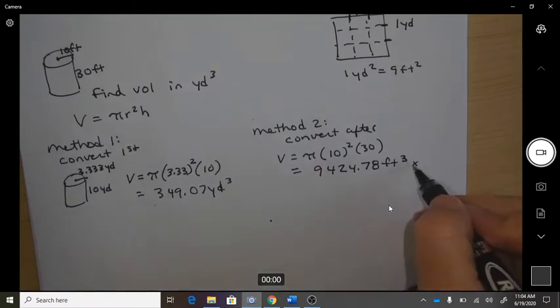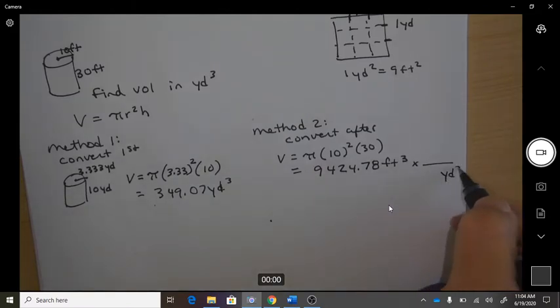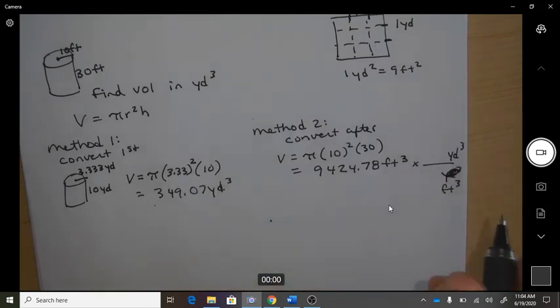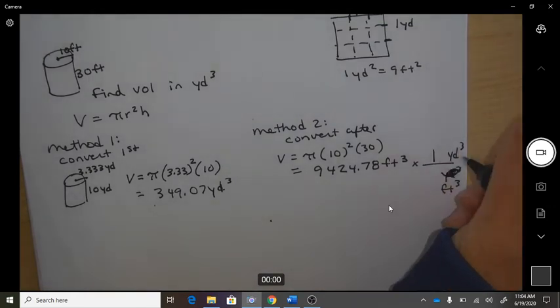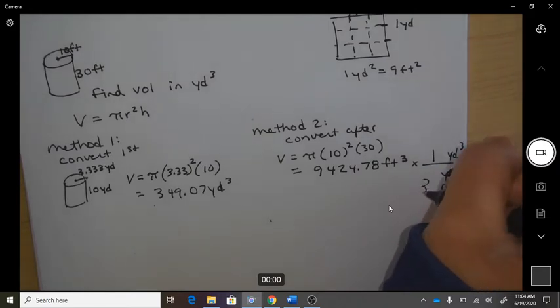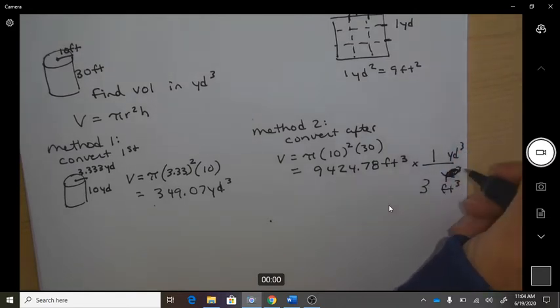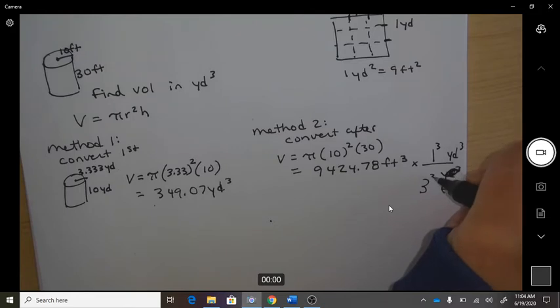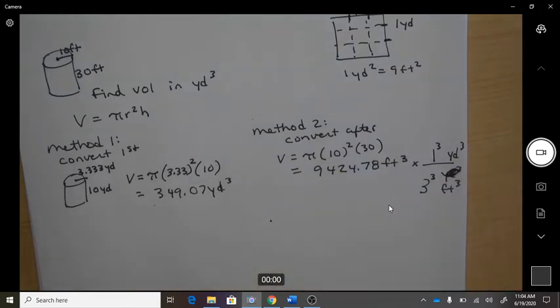So how do I change to cubic yards? I would like to get rid of feet cubed and put into yards cubed. So 1 yard is 3 feet, but since I'm cubing the dimensions, I have to cube the numbers as well.